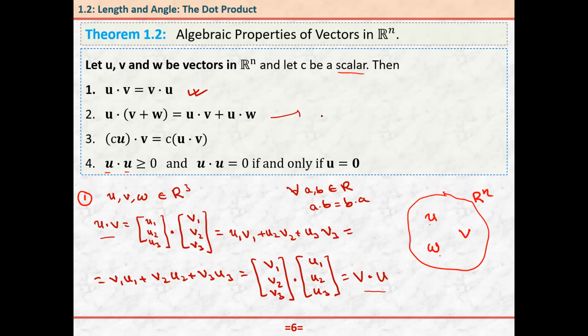If we just take any i-th component, we will have u sub i times v sub i plus w sub i. And again, these are scalars.